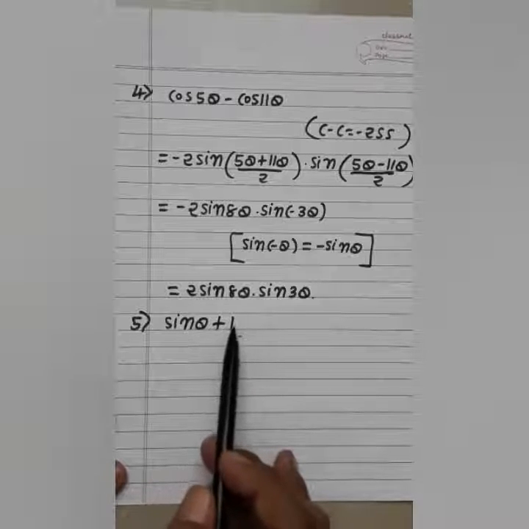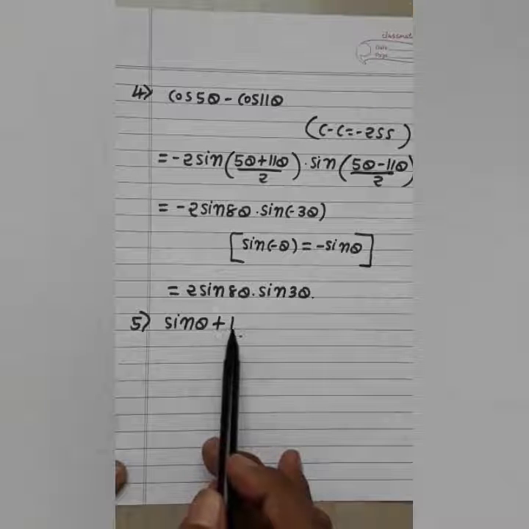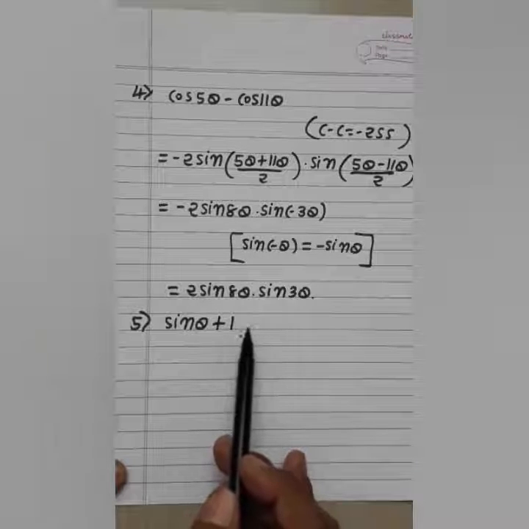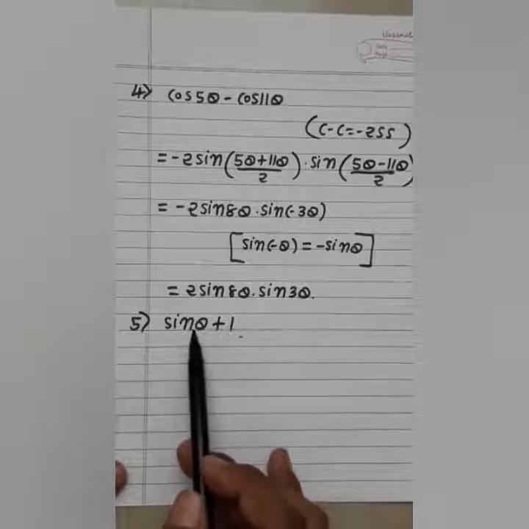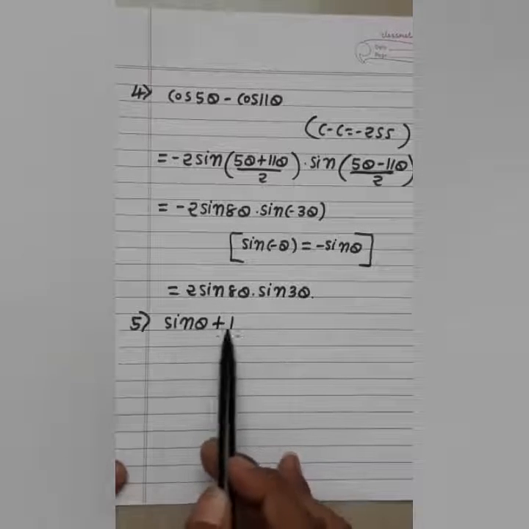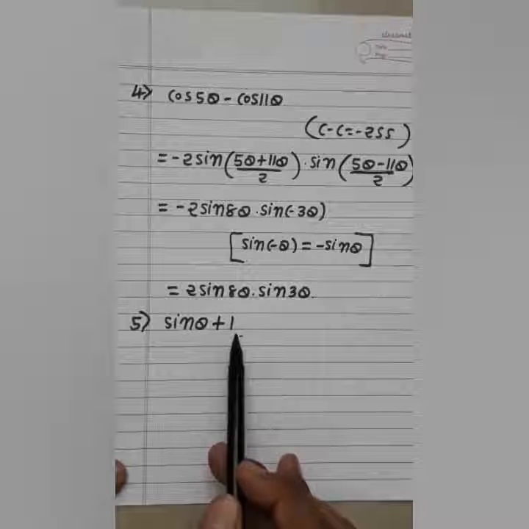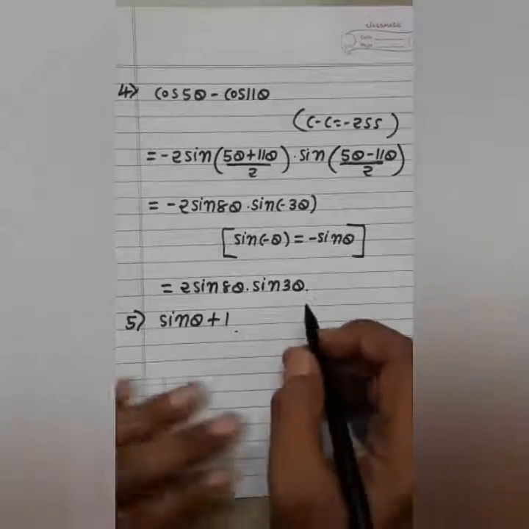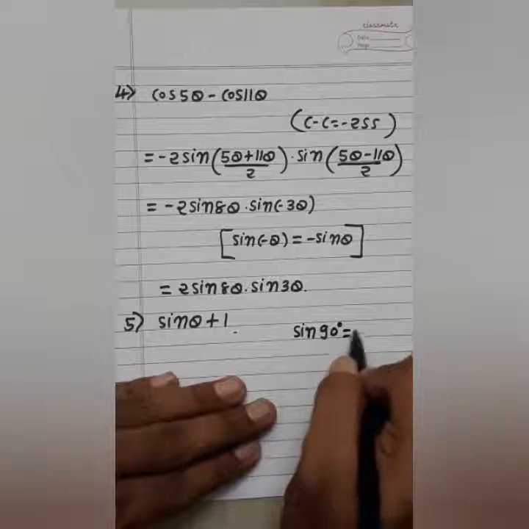So here, using the value from the trigonometry table, in place of 1 we can write a value. The value of cos 0 is 1 and sin 90 is 1, but if we write cos 0, the formula for sin plus cos is not present. So here we compulsorily write sin 90 degree in place of 1, because the value of sin 90 degree is equal to 1.